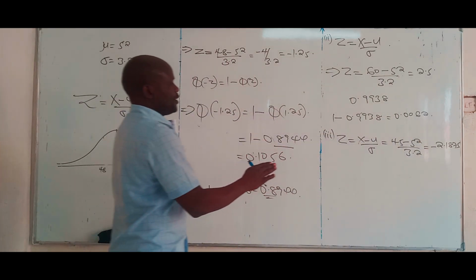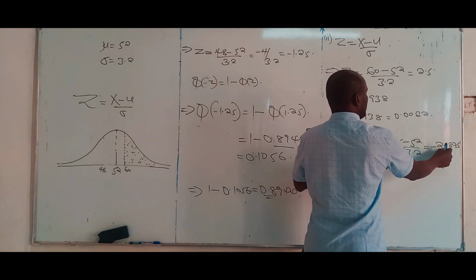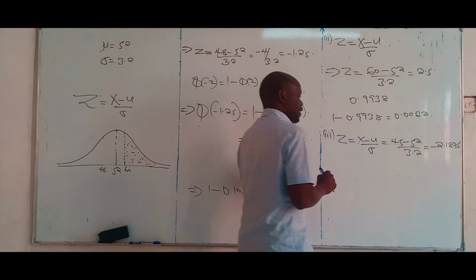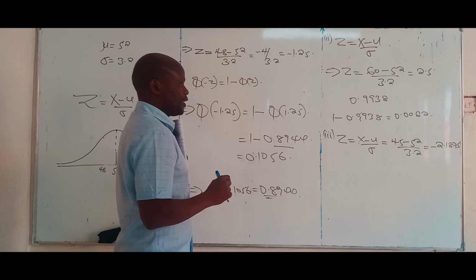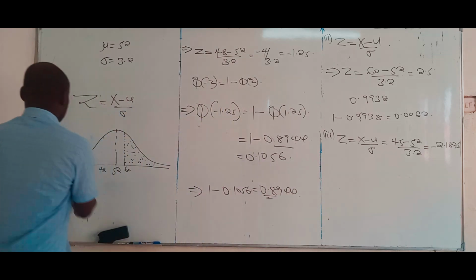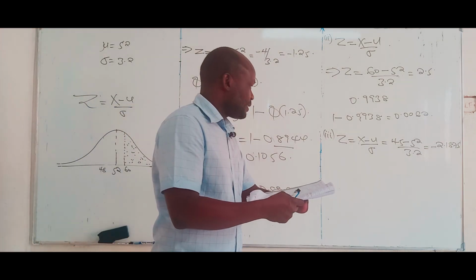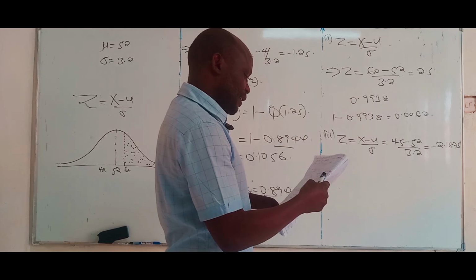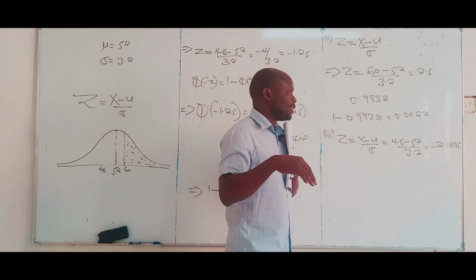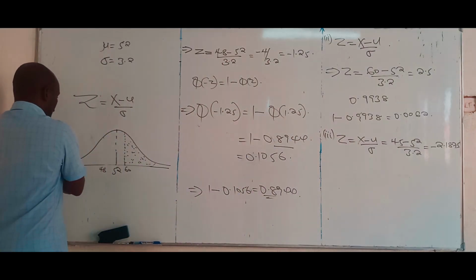If we read the probability that corresponds to this z value from the table, we'll actually get the probability that it is from 0 to 45. So we say the probability that z is less than negative 2.1875 is approximately, if read from the table, here we read it directly and we don't have to subtract because it's just directly less than, meaning from here to here.